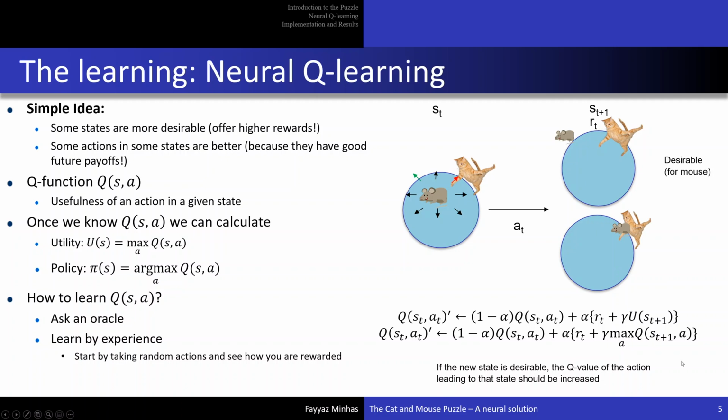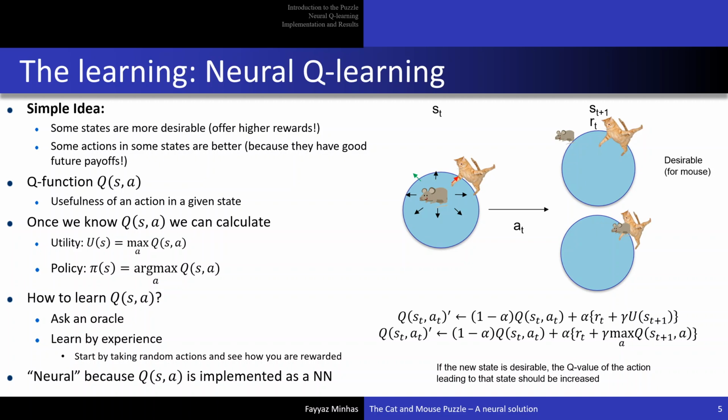And what we want to do is to implement this using a neural network. So this Q function would be implemented as a neural network. We know that neural networks are universal function approximators, so any function out there in the universe can be implemented using a neural network.